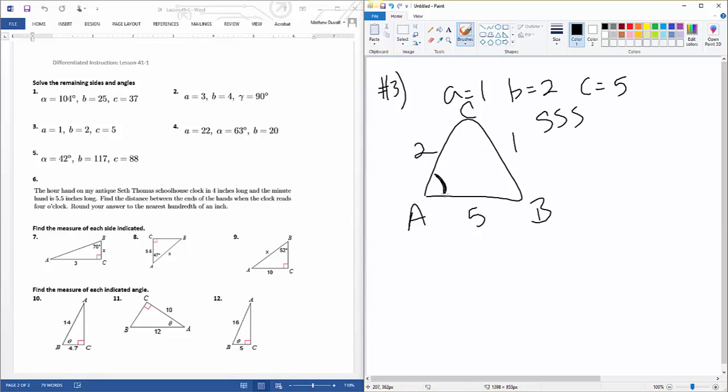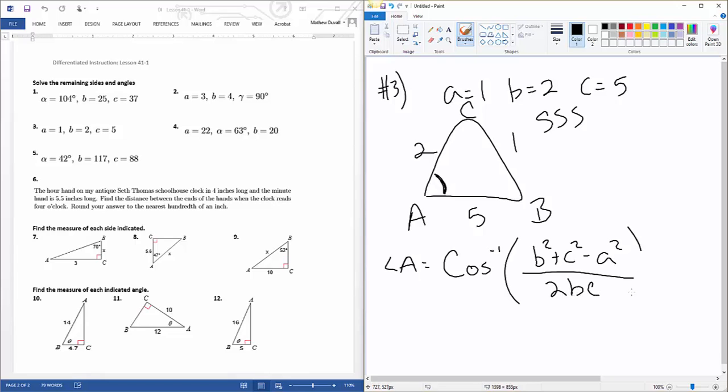So if I wanted to find what angle A is, angle A equals the cosine inverse of, it'll be B squared plus C squared minus A squared over 2BC. And you enter that into your calculator. So in this instance, it'd be cosine inverse of 2 squared plus 5 squared minus 1 squared all over 2 times 2 times 5.